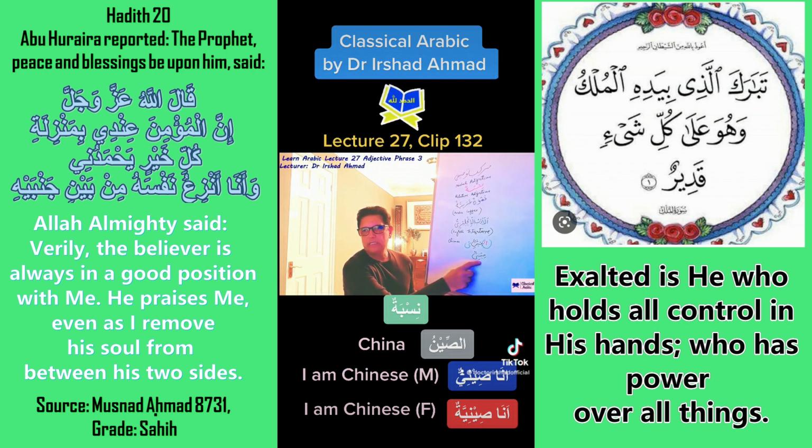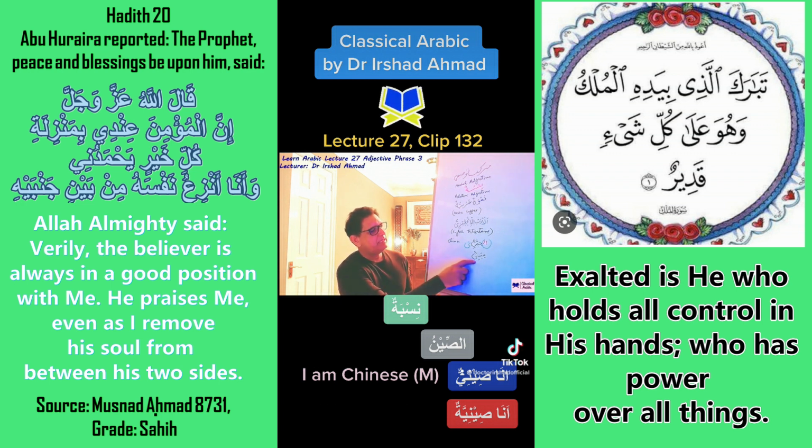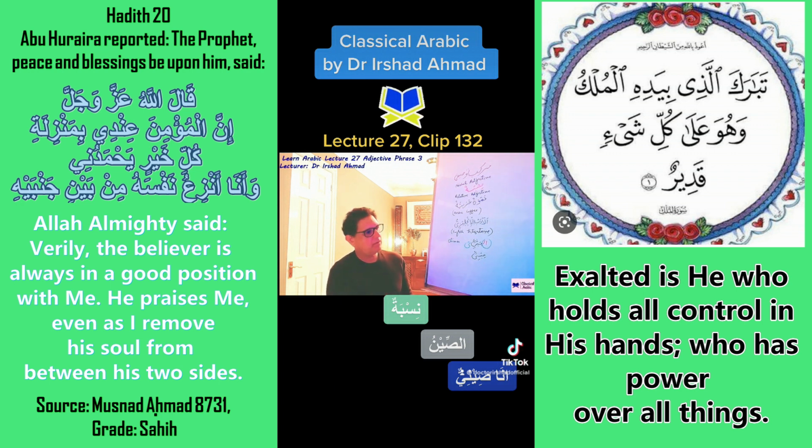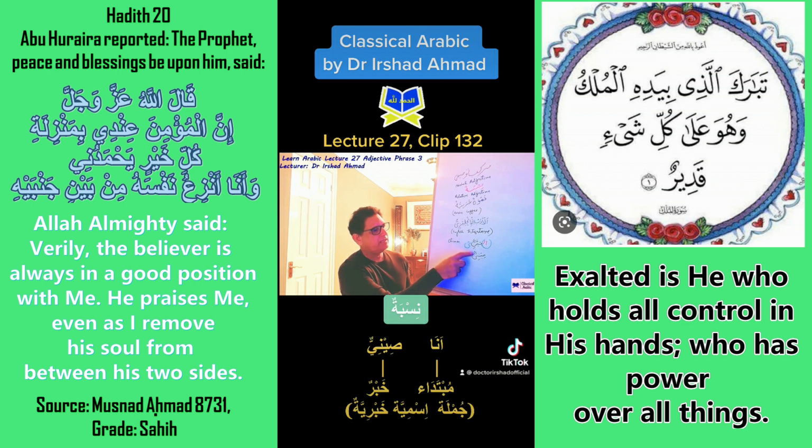So Chinese, so that will be Chinese male person, and we can easily change this to feminine noun, and we know how to do this. The last alphabet will take Fatha, and then we add Ta Marbuta. So we change that to siniyatun.